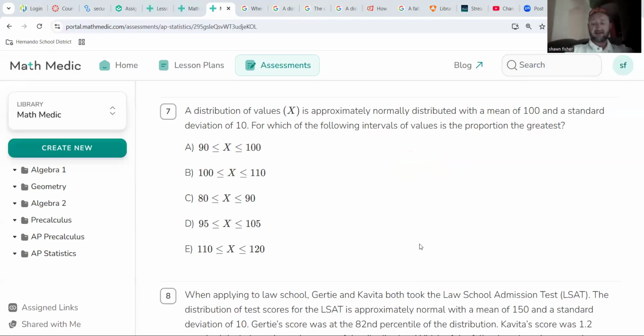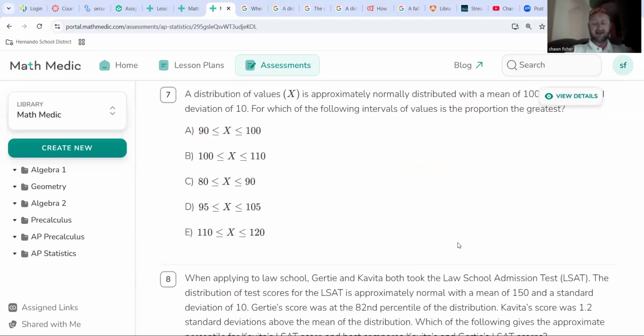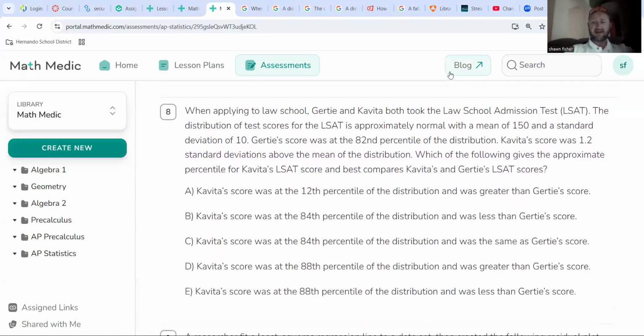Number 8. This is where we're going to use our calculator quite a bit. There are different ways you can do it. When applying to law school, Gertie and Kavita both took the law school admission test, the LSAT. The distribution of test scores for the LSAT is normal with a mean of 150 and a standard deviation of 10.